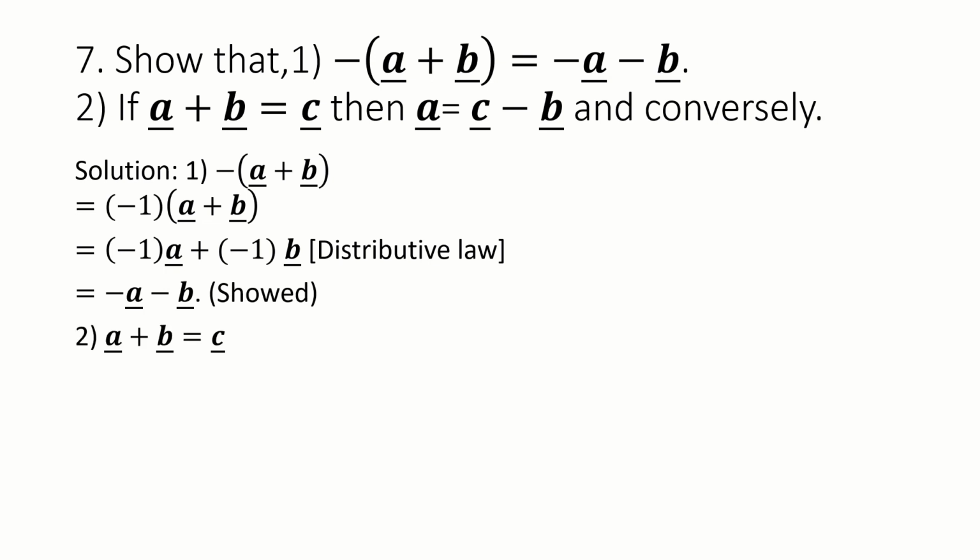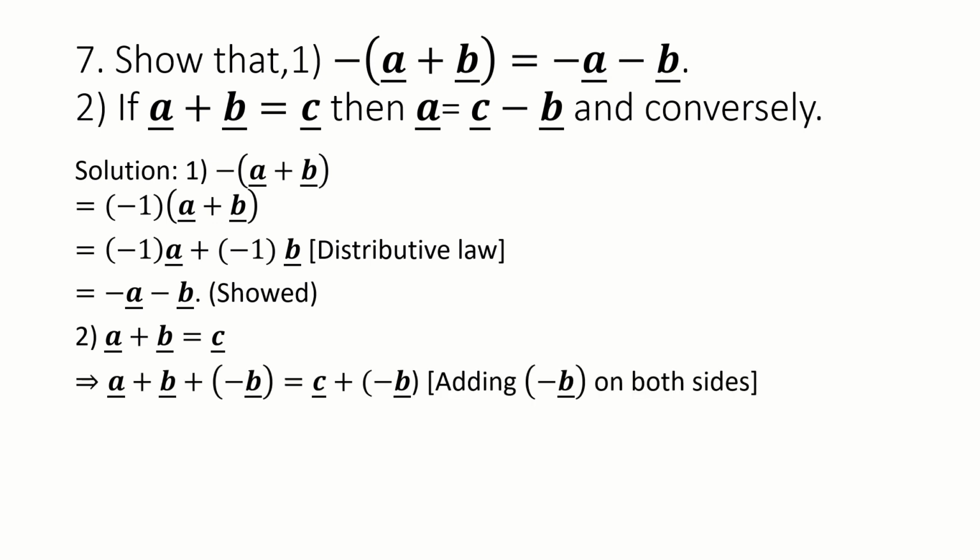2 number, given that A vector plus B vector is equal to C vector. Now adding minus B vector on both sides, A vector plus B vector plus minus B vector equals C vector plus minus B vector.